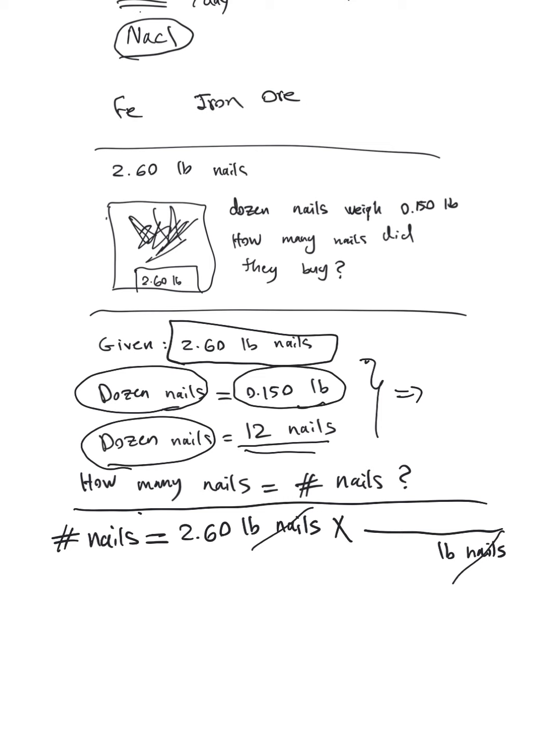Basically, I can say that 12 nails weigh 0.150 pound. So here I can relate pounds to the number of nails. So basically 0.150 pound equals 12 nails.